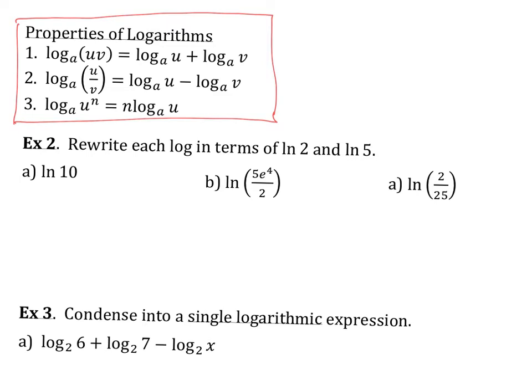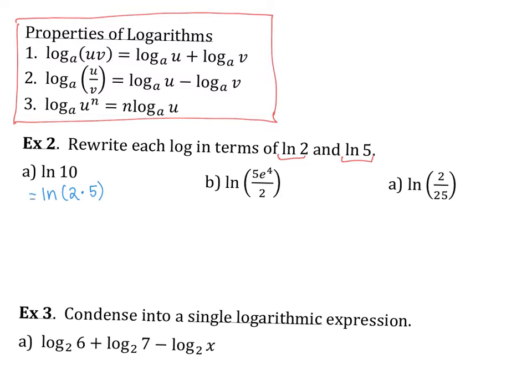Okay, so for example 2, it says rewrite each log in terms of ln 2 and ln 5. Okay, the first one, a, is ln 10. Okay, so first thing is I want to try to rewrite the argument using 2 and 5 somehow. Okay, well ln 10, that's the same as ln of 2 times 5 because 2 times 5 is 10.